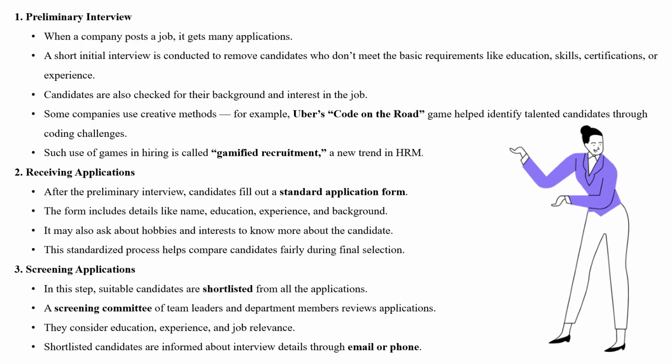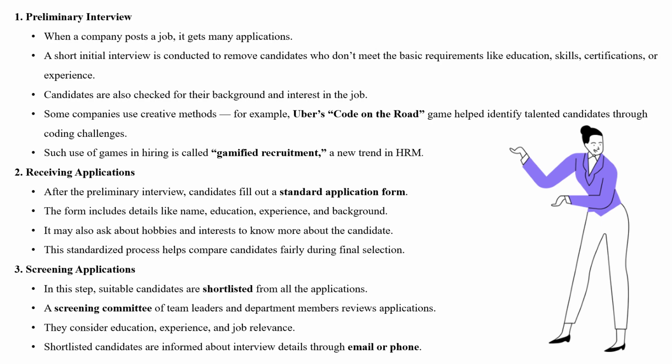So, third step is screening application. HR receives all the applications. Candidates are shortlisted based on educational qualification, experience, technical skills, job requirement. Only the candidates who match the company's requirement proceed to the next stage.